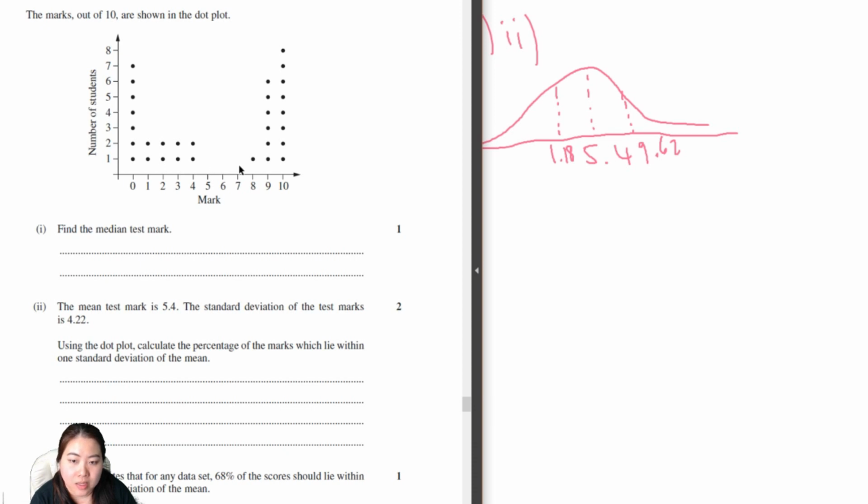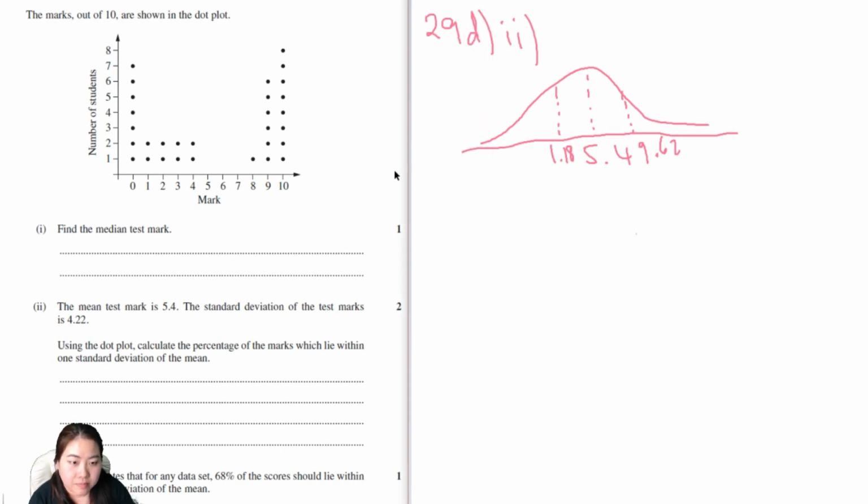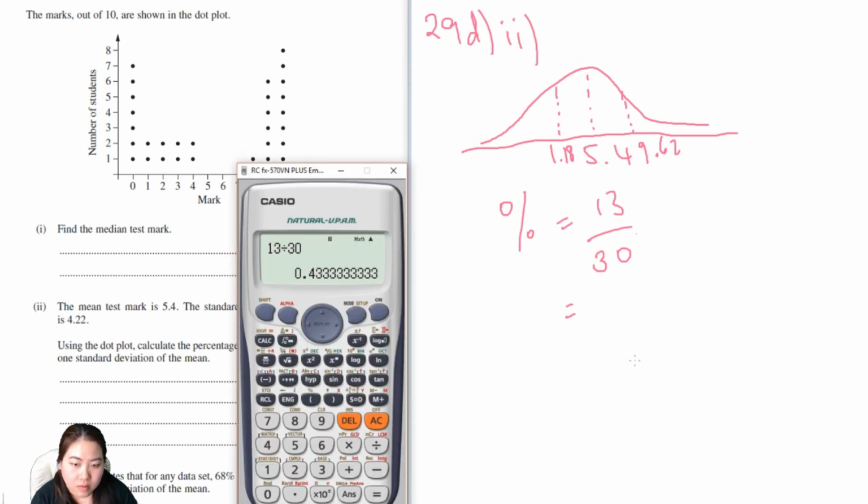There's 6 over here, 7, and then another 6, so that's 13. 13 people got within 1 standard deviation. Therefore, the percentage is going to be 13 out of 30, which is 0.43 repeating, and that is equivalent to 43%.